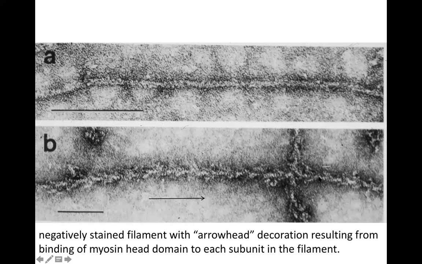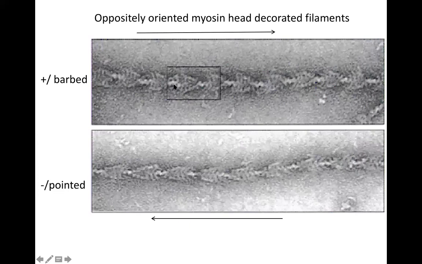It's a little clearer in these negative stains, where you've got arrowheads, which are actually a two-dimensional projection of a three-dimensional helical array of myosin heads, from helix point to helix point. So in this one, the pointed end is going in this direction. The plus, or barbed, end is here, and this one is going in the opposite direction. There's 1, 2, 3, 4.